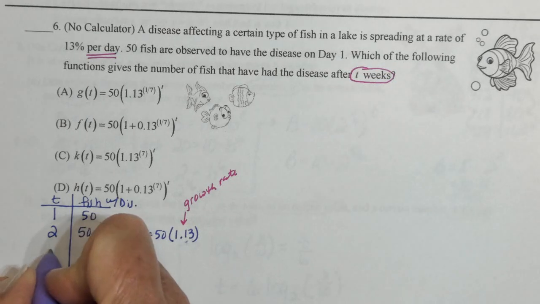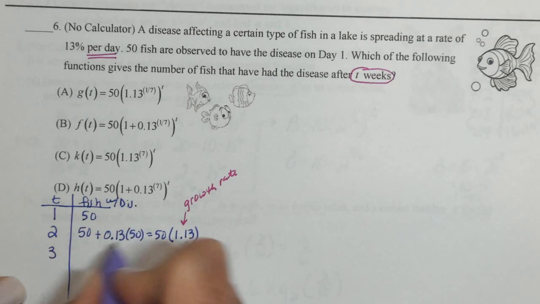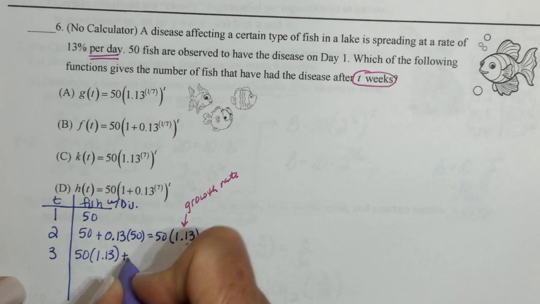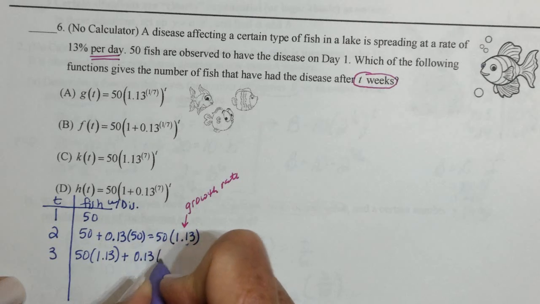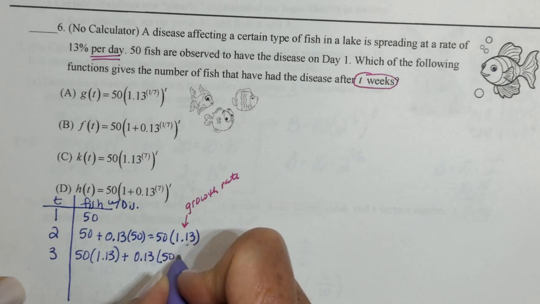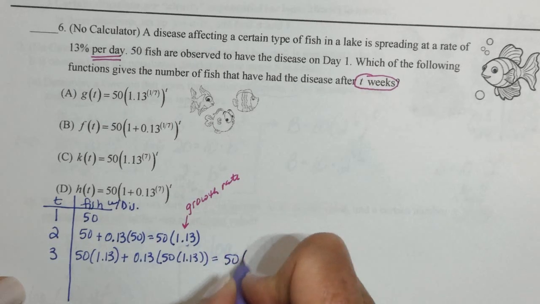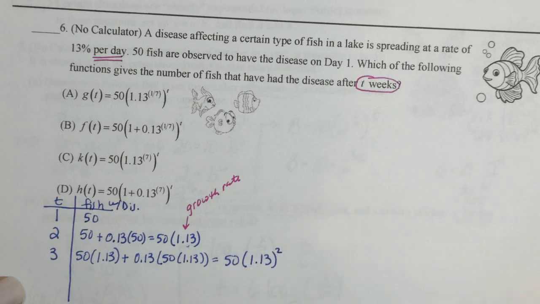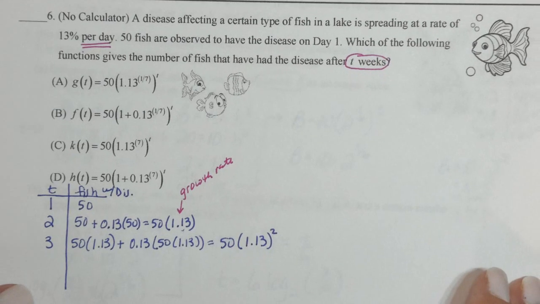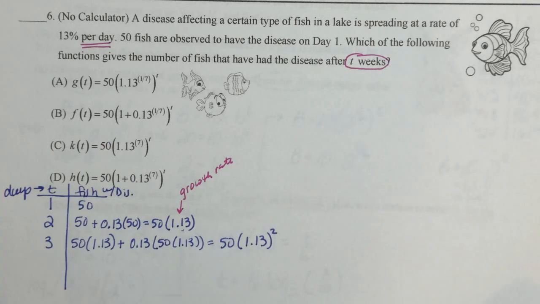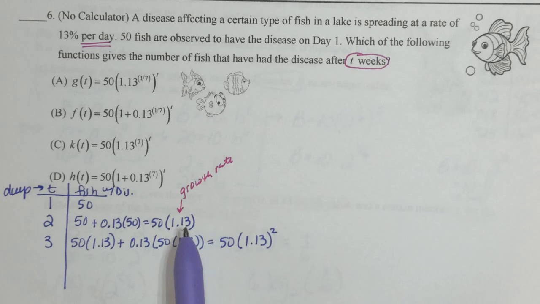Okay, let me do it again. On day 3, we're going to have how many already had it plus 13% times how many already had it. That would be 50 times 1.13 squared. So this is in days. Our growth rate is 1.13. When you see 1.13, you know it's growing at a rate of 13%.